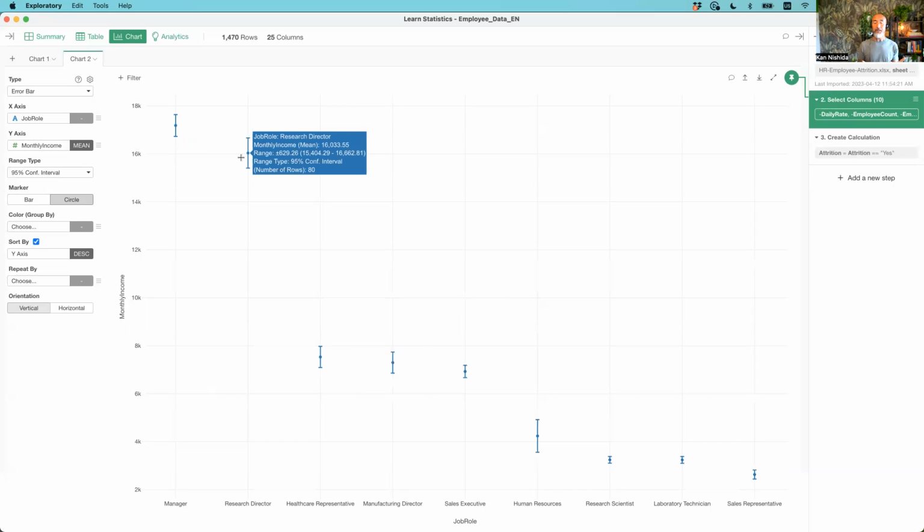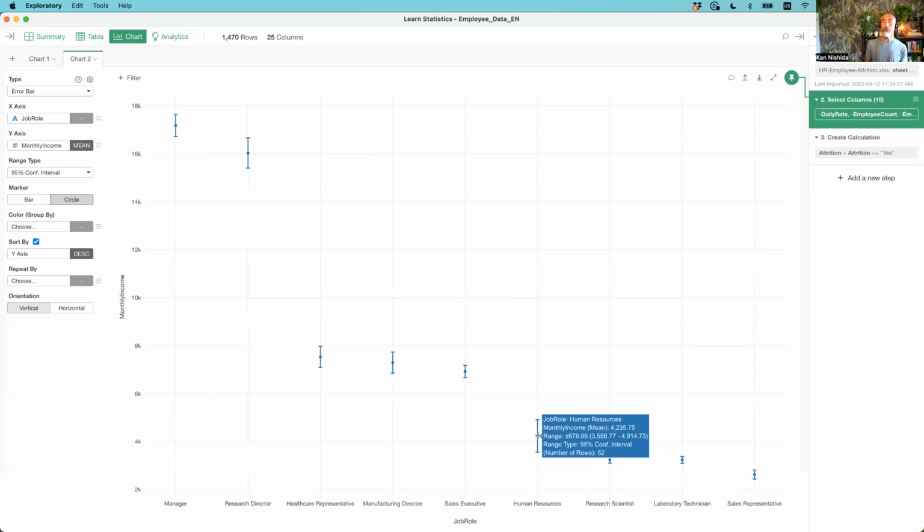If they're not overlapping, then we can say these are significantly different. That's very important, because a mean itself is not always reliable, especially when you happen to have only 5 people in one particular organization. How can you trust that mean, right? Compared to when you have 500 people and then you get the mean, that's more reliable in general.